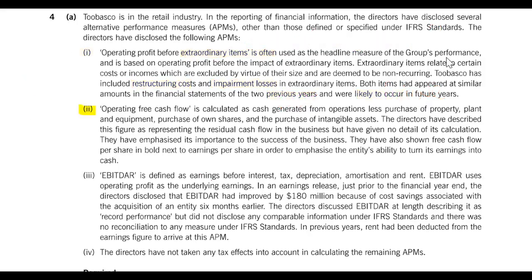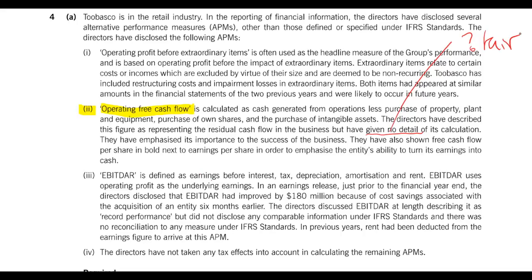The next alternative performance measure that we're told about relates to operating free cash flow. Now, this is calculated in a certain way, less the PPE expenditure, purchase of own shares, and purchase of intangible assets. Whilst they've described this as being residual cash flow, they have given no detail as to its calculation. Is that fair?